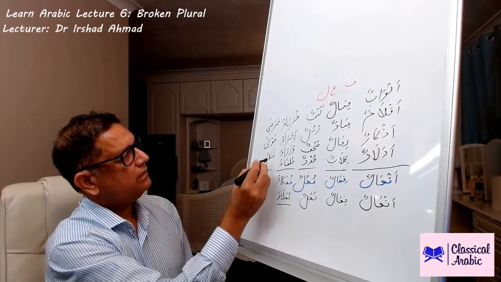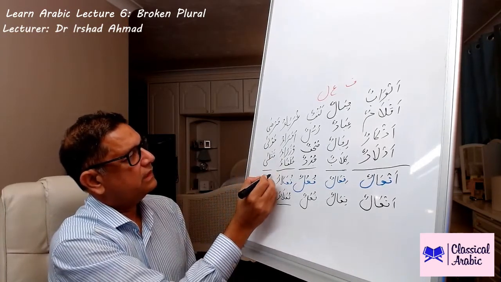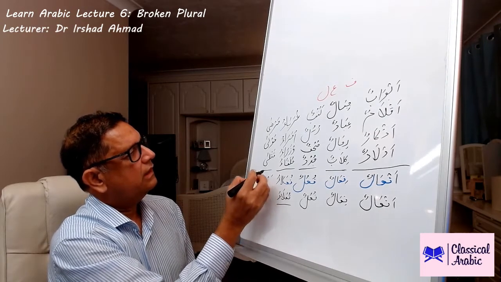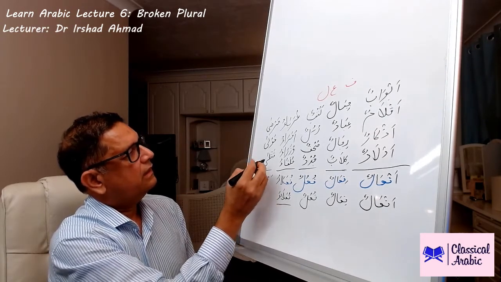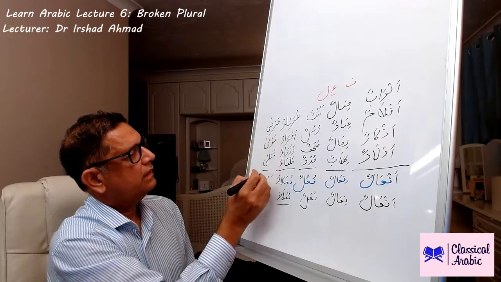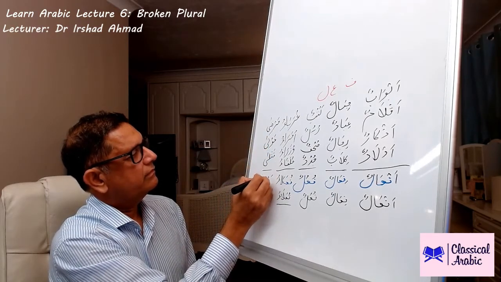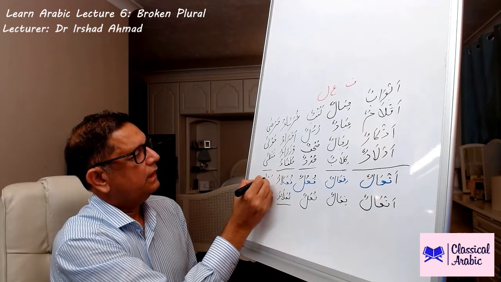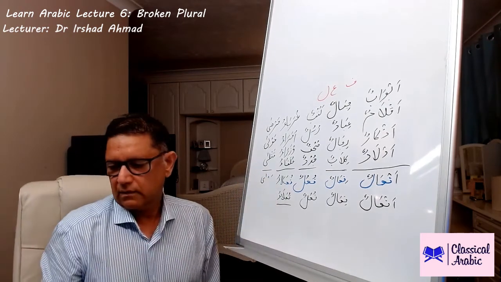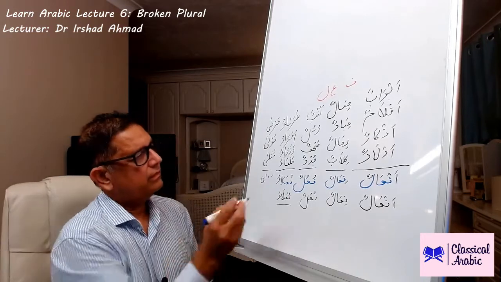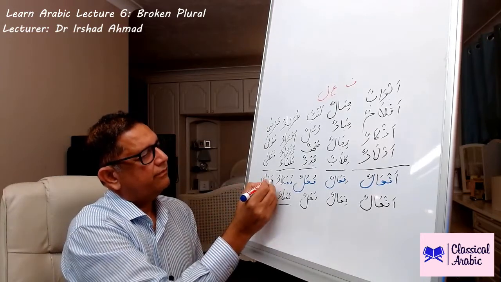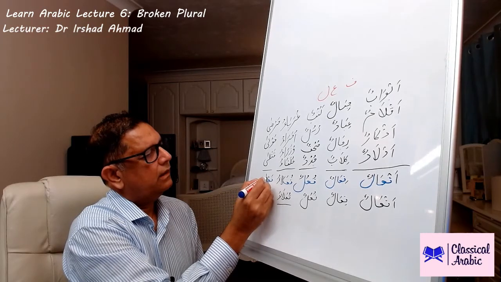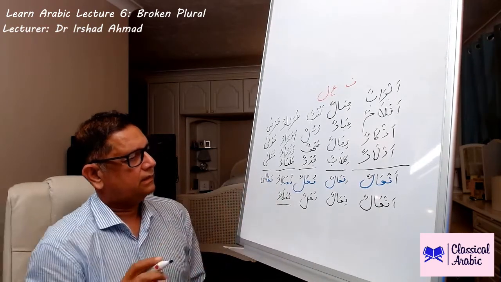So the pattern which we have here is Fatha, Sukoon, and then Alif Maksura and Ya. So that will be Fa, Ain, Lam, like that.